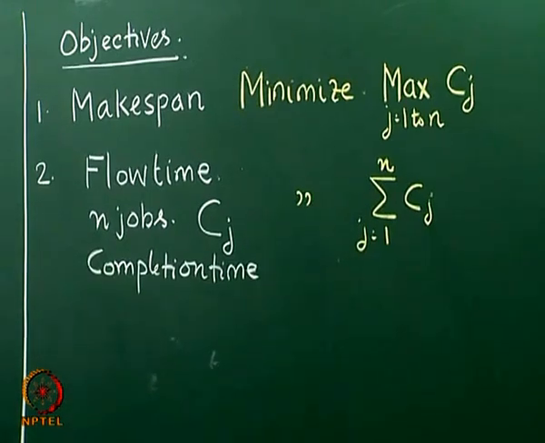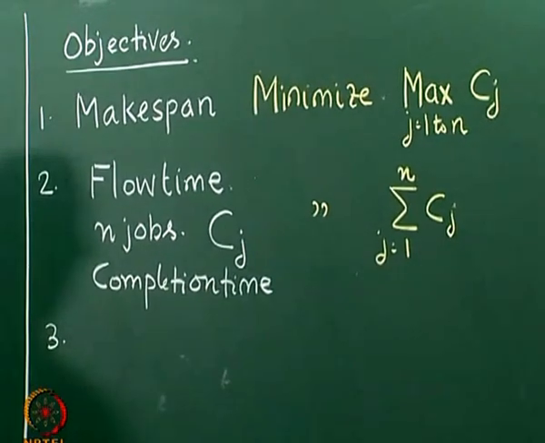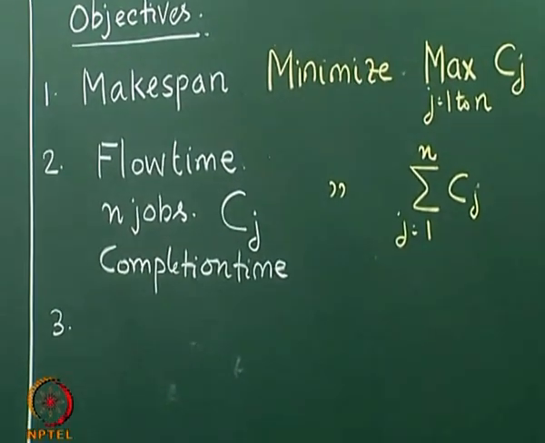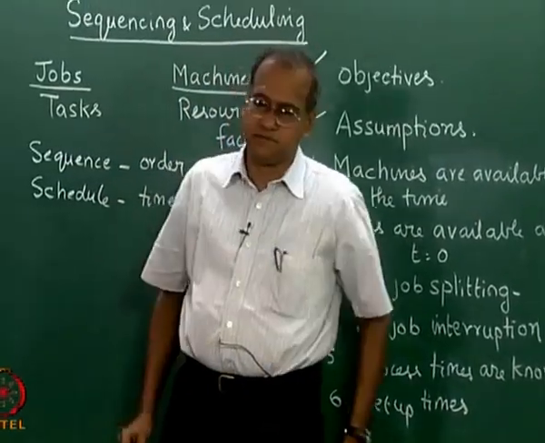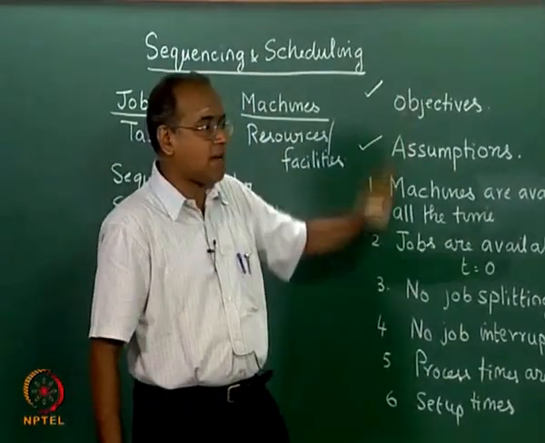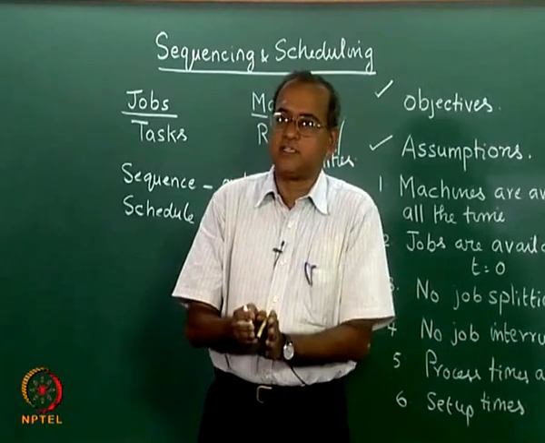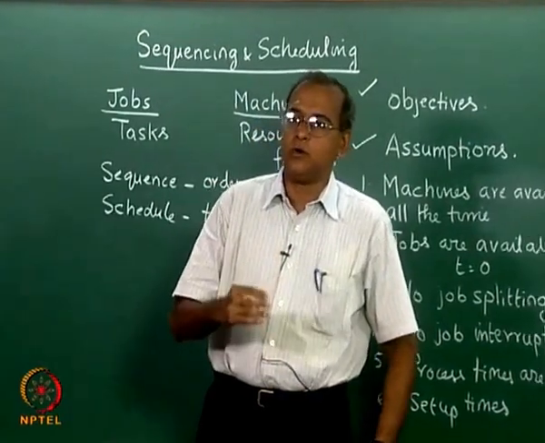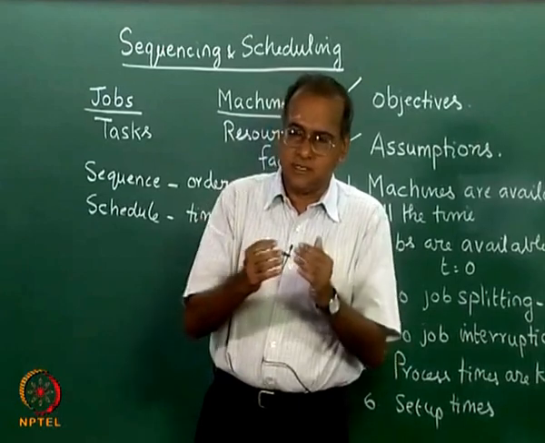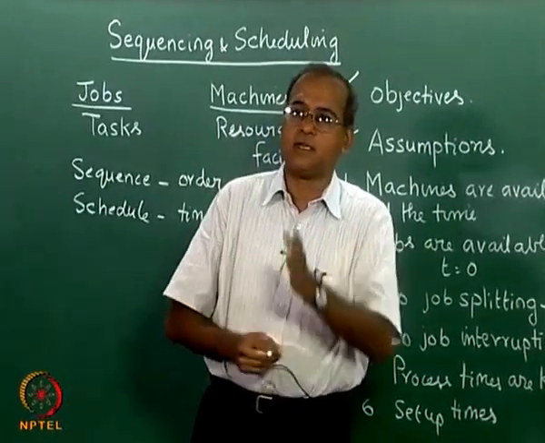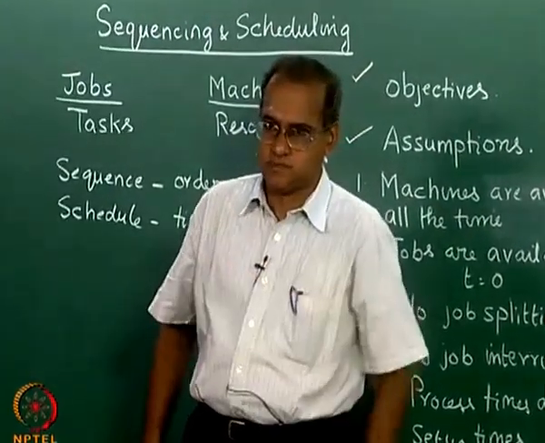Then we look at a third objective where we start looking at the jobs from a different angle. These jobs and tasks are carried out, finished, and then ultimately go to a customer. These jobs are there because a customer has ordered them.